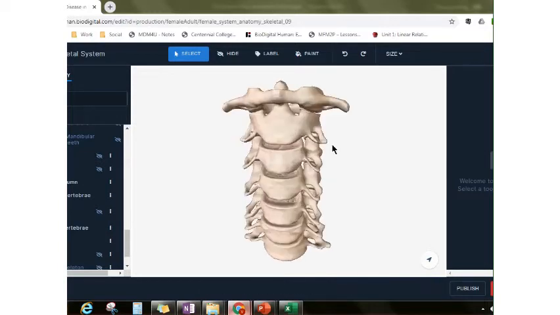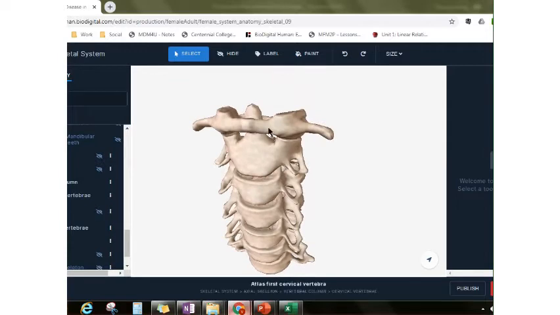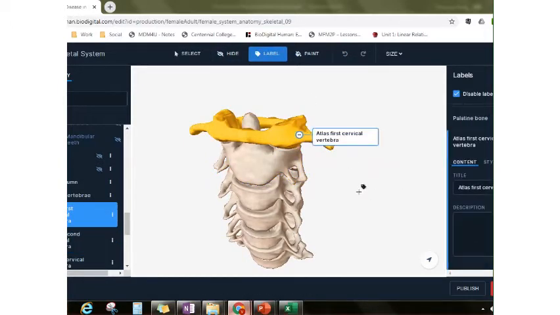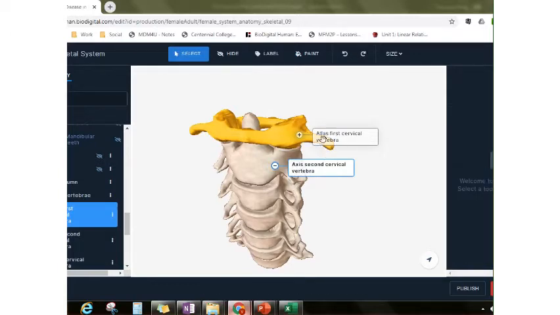Now the first 2, right, C1 and C2, are kind of special, so we give them special names, right? This one is what we call the atlas, and then this one is what we call axis. Okay, so C1 is atlas, C2 is axis. If you have trouble remembering that, one student told me alphabetically T comes before X, so C1 is atlas, and then C2 is axis.